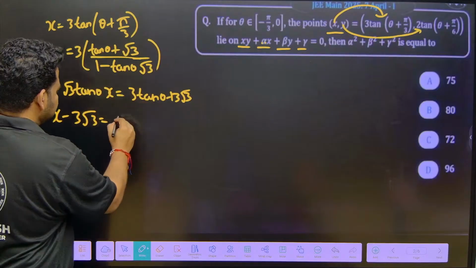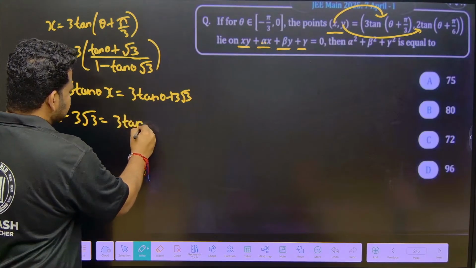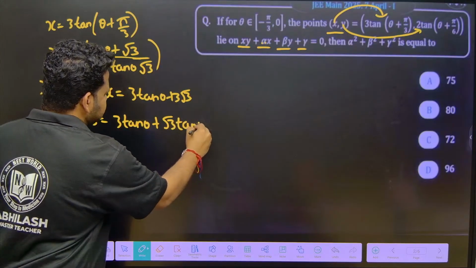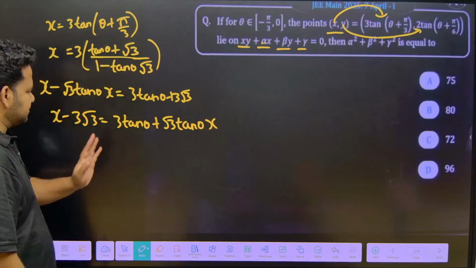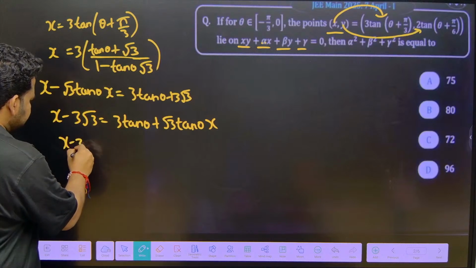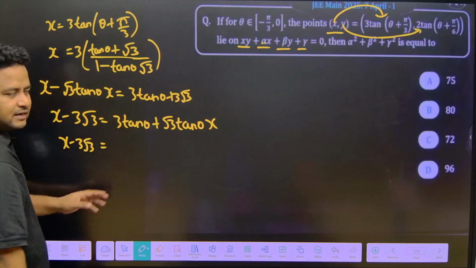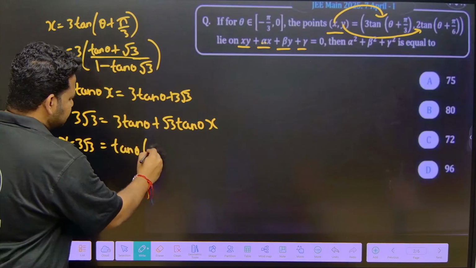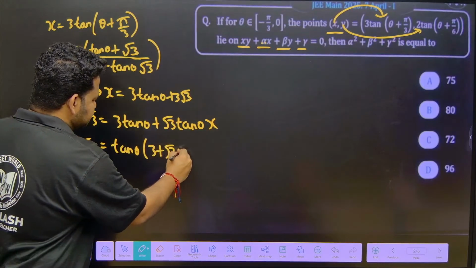So 3 tan theta plus root 3 tan theta x. Here tan theta is common, so I can take it outside: tan theta into (3 plus root 3 x).